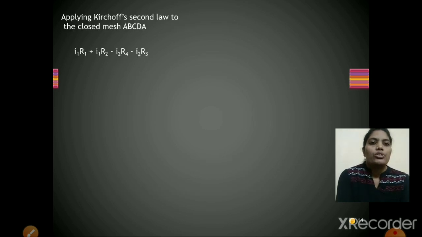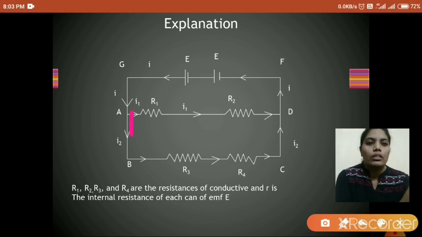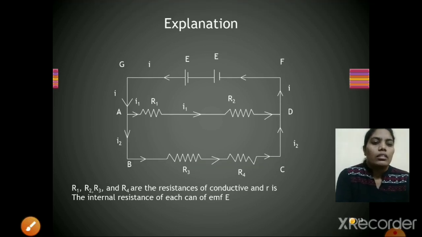Now, applying Kirchhoff's second law to the closed mesh ABCDA. So what is a mesh? ABCDA. Let me show you. This is the mesh. So in this we have I2, R3, R4, R2 and R1 and also I1.